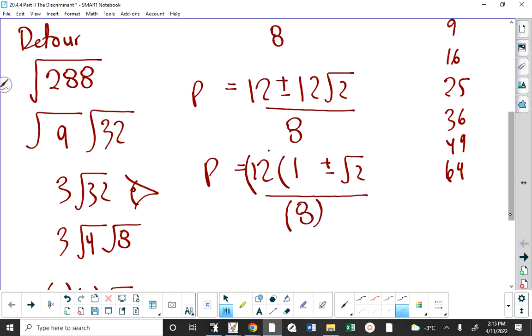So now what I can do here, everybody, is take that 12 and start chipping away at the 12 and the 8. For example, let's say that I want to cancel a 4 out of each of them.